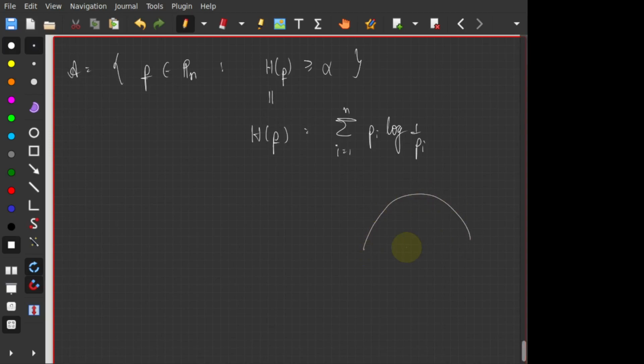And now I have the following constraint: the set of all p for which h of p is greater than or equal to alpha. Right? The question is what kind of a constraint? So does this correspond to a convex set?